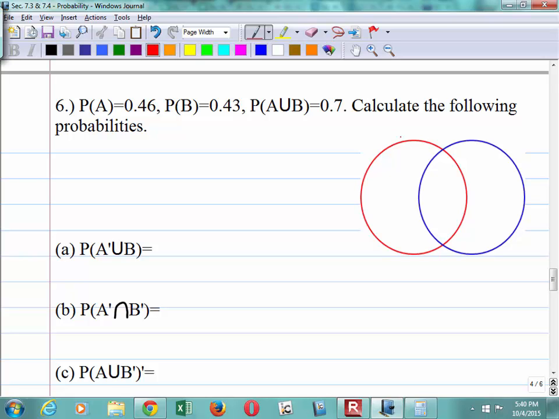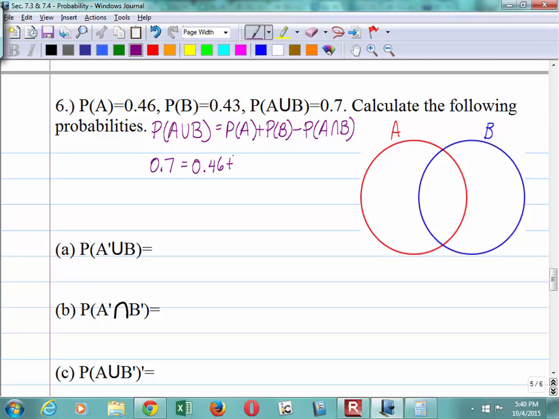So we have A and B. The probability of A union B is equal to the probability of A plus the probability of B minus the probability of A intersection B. We're told that the probability of the union is 0.7, the probability of A is 0.46, and the probability of B is 0.43.